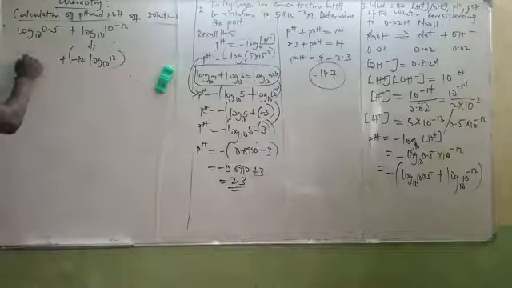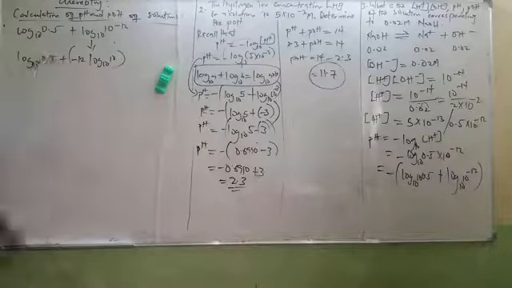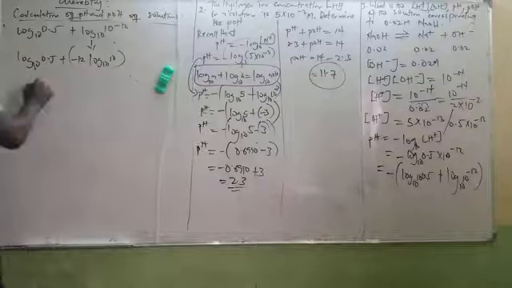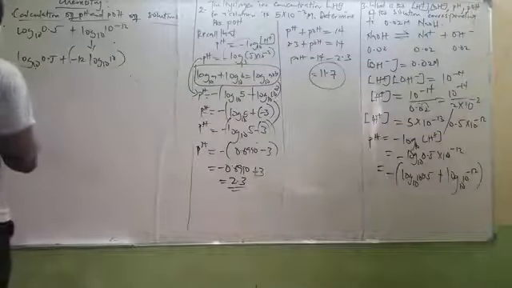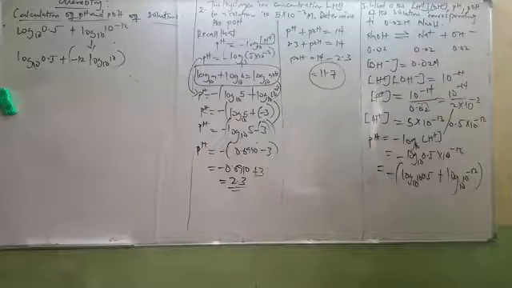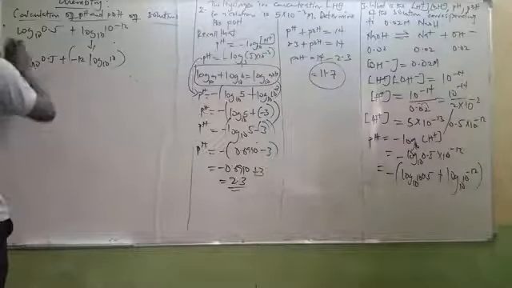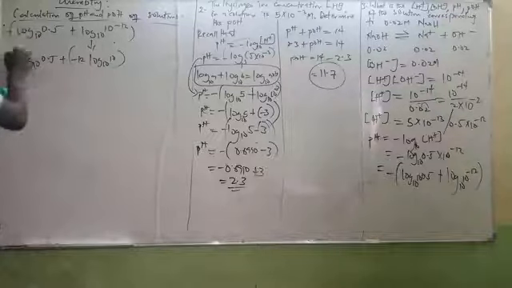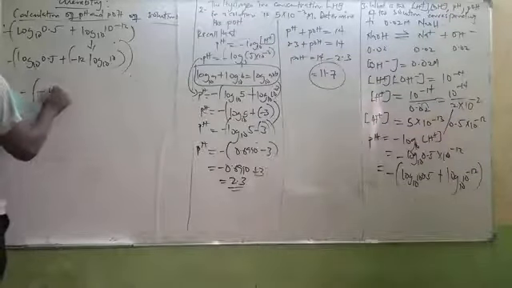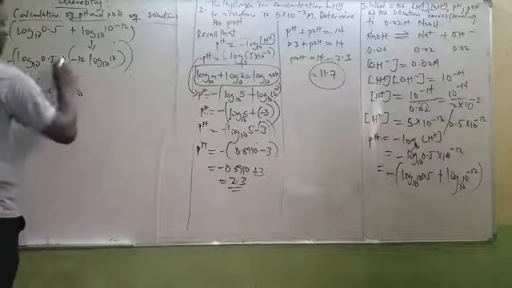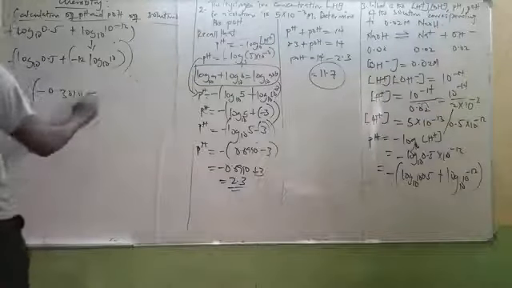And we have log 10 of 0.5. So let's just do it automatically. Log of 0.5 will give us, remember that we have our negative outside, so we have minus 0.3010, and here becomes minus 12.